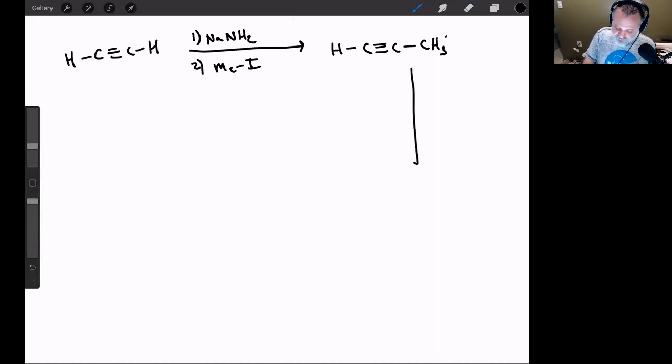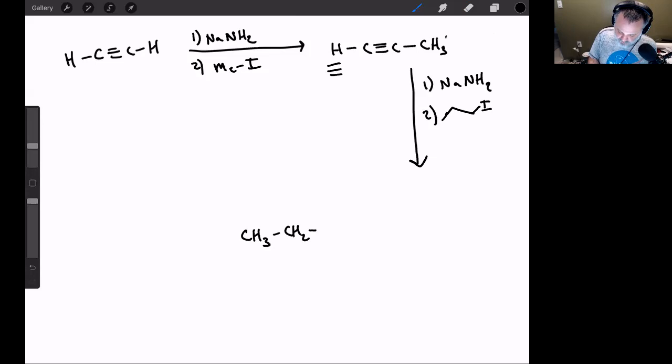Then I can take this, react it again with sodium amide, because I still have a terminal alkyne, and let's react it with propyl iodide in this case. And now the product of this reaction is that thing.